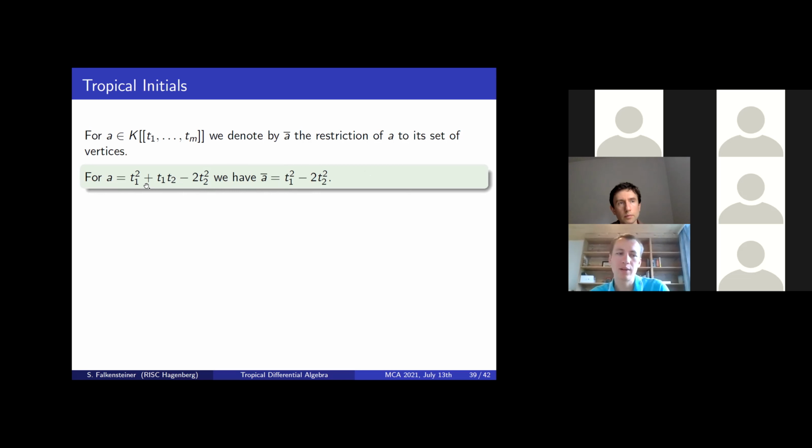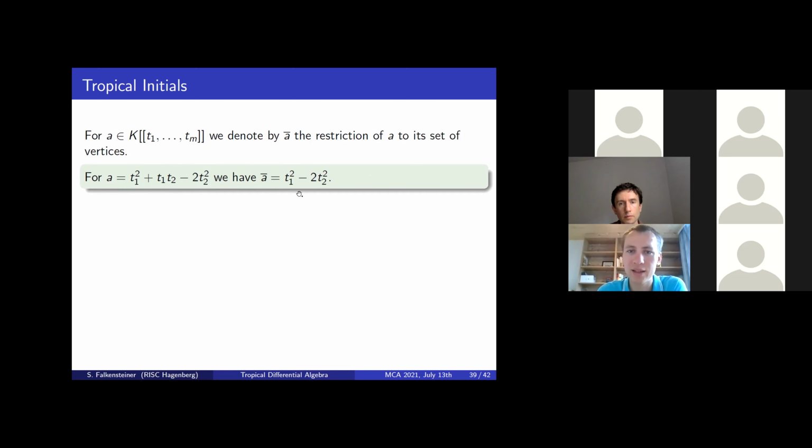If you remember in the Newton polytope, this would correspond to (2,0), this to (1,1), this to (0,2). So this term does not give any contribution in the Newton polytope for the vertices, so we omit it. And also all higher order terms as well.